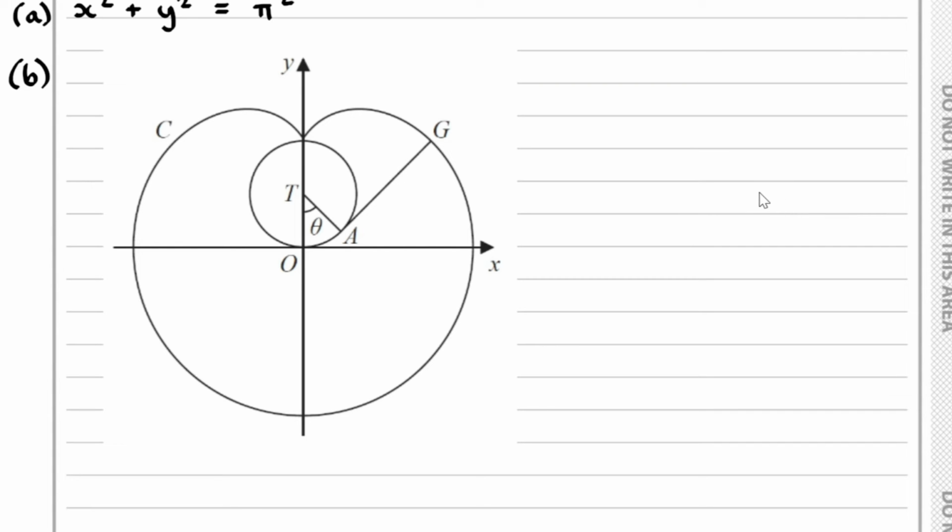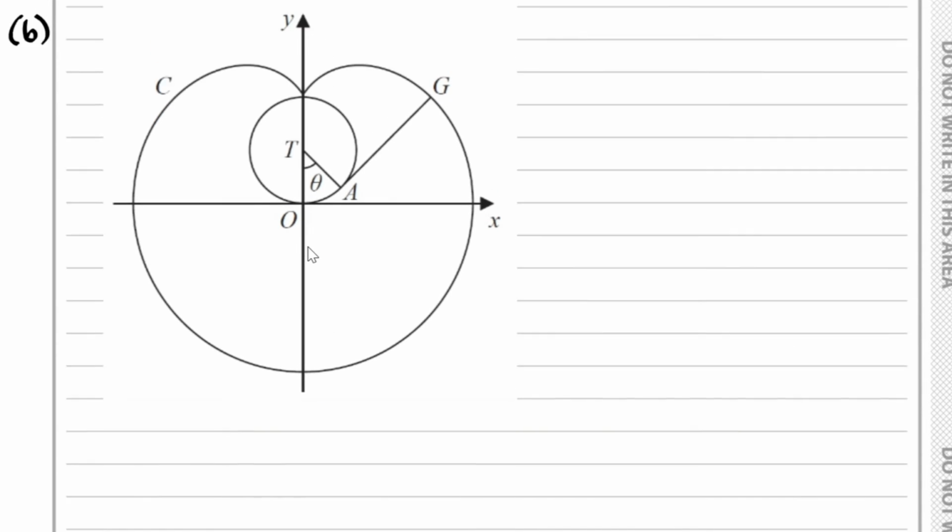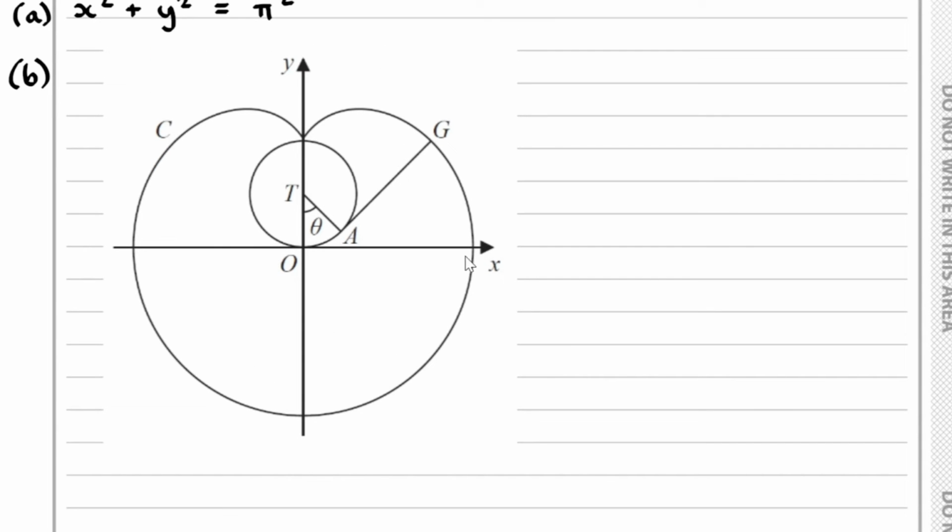Now here is the enlarged diagram. So how could I find out what OA is? Well, OA is an arc. So OA is equal to the radius, which is 1, times the angle theta.